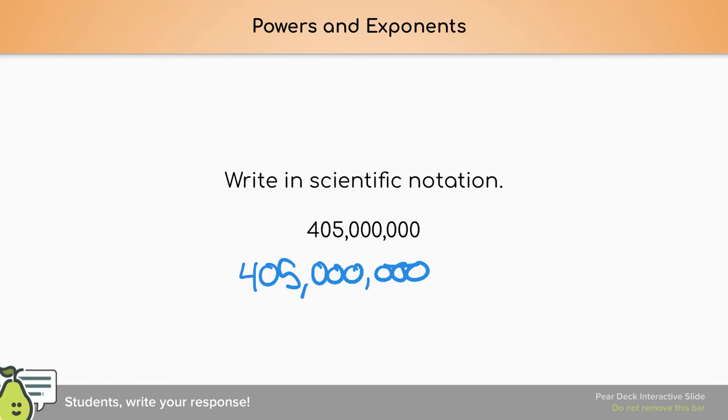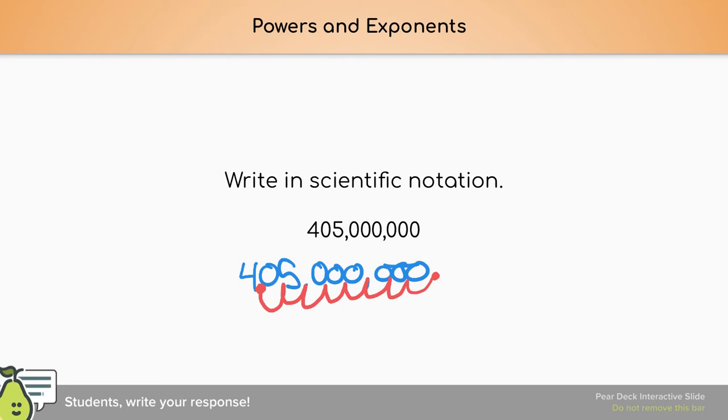The decimal always starts in back of the ones place. Now we're going to move to the left, with little jumps right here. So we're going to go 1, 2, 3, 4, 5, 6, 7, 8. So I moved 8 spaces to the left.